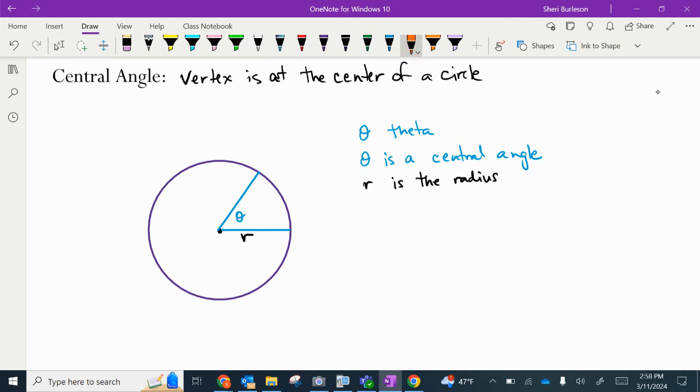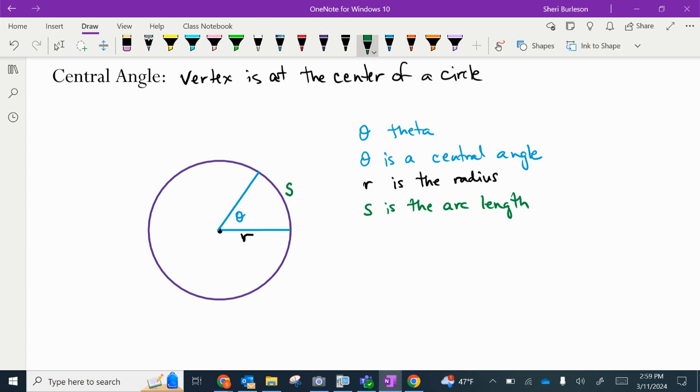And I'm going to call, actually, I'll make it green, this S the arc length. This angle that I rotate through, this is the amount of that circle that is cut off by that angle. And that would be the arc length.